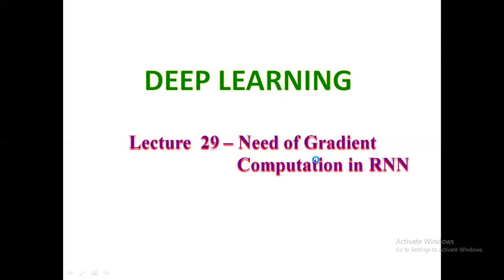Without gradient computation, an RNN would not be able to adjust its parameters and therefore could not learn meaningful patterns from sequential data such as text, speech, or time series signals.